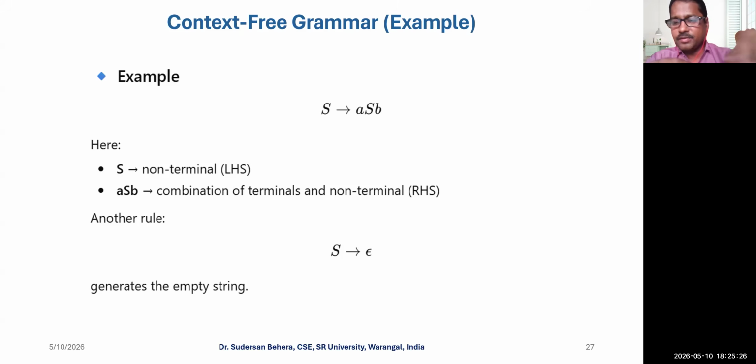These two are taken as an example just to clear your doubts about the rule we went through in the previous slide, what will be in the left hand side and what will be in the right hand side. You can imagine it from these two productions.